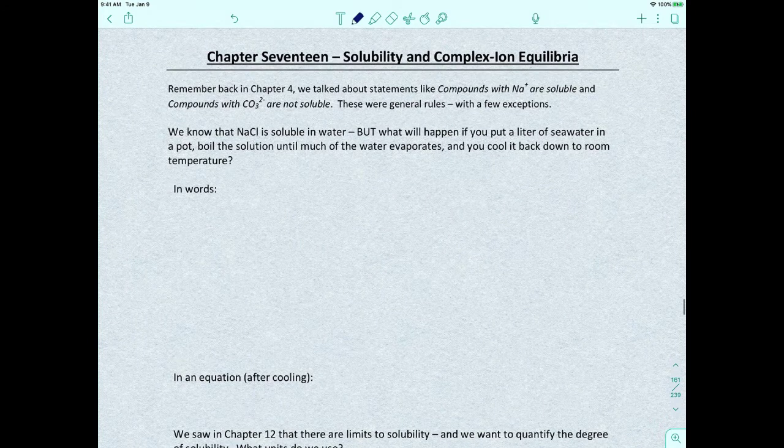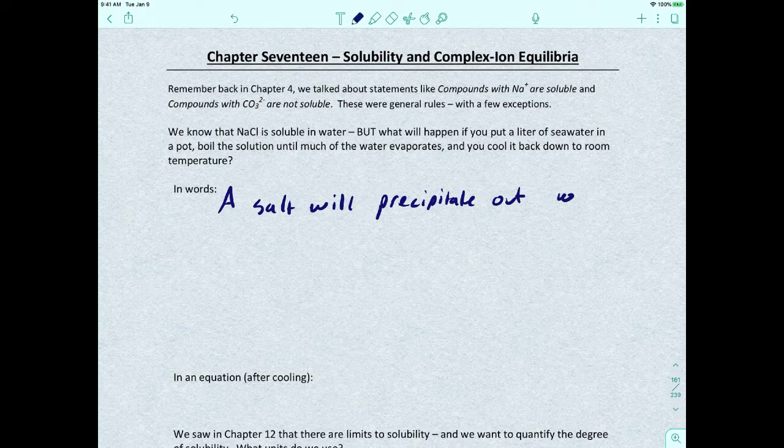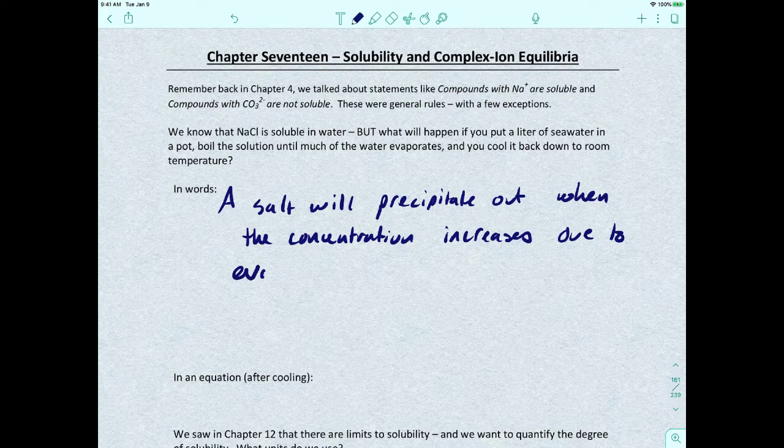So, in words, what happens is that a salt will precipitate out when the concentration increases due to evaporation. So that means that we're exceeding the solubility limit.